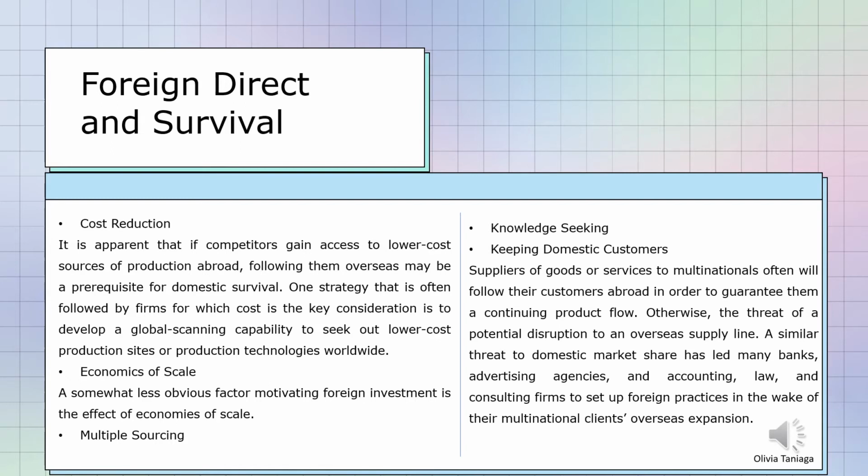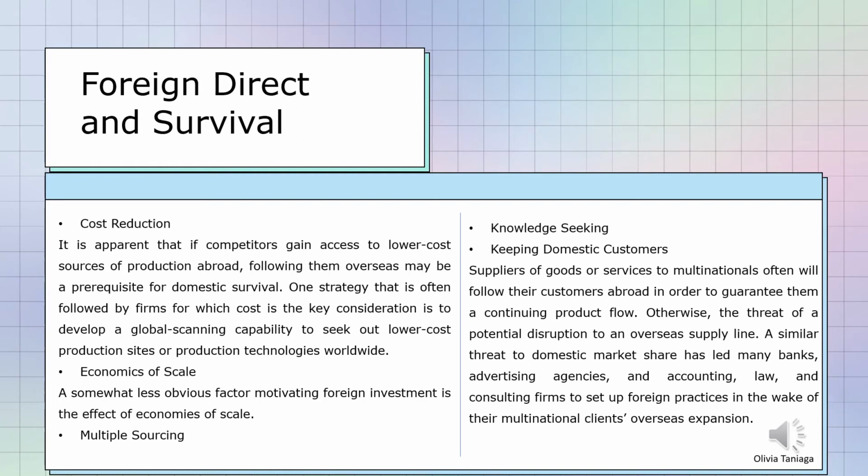One strategy often followed by firms for which cost is the key consideration is to develop a global scanning capability to seek out lower cost production sites or production technologies worldwide. In fact, firms in competitive industries have to seize new, non-proprietary cost reduction opportunities continually, and the goal is not to earn excess returns but to make normal profits and survive.